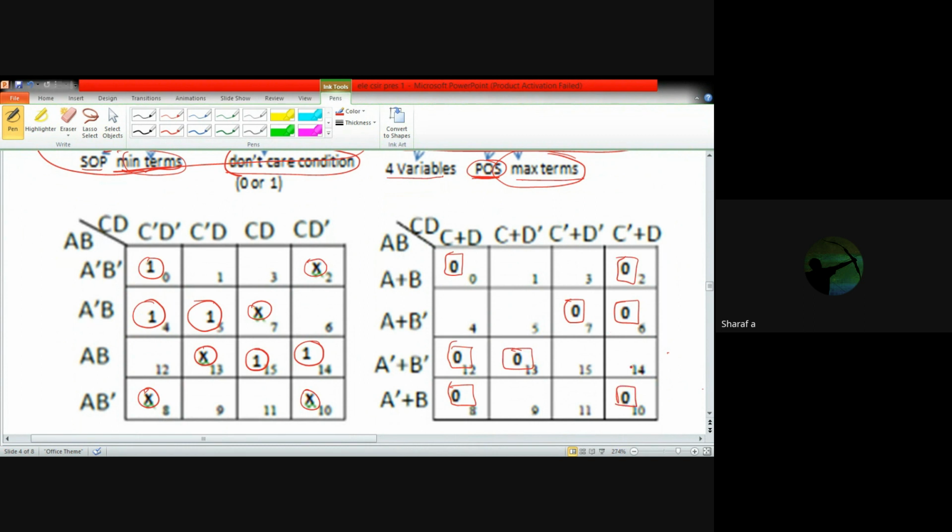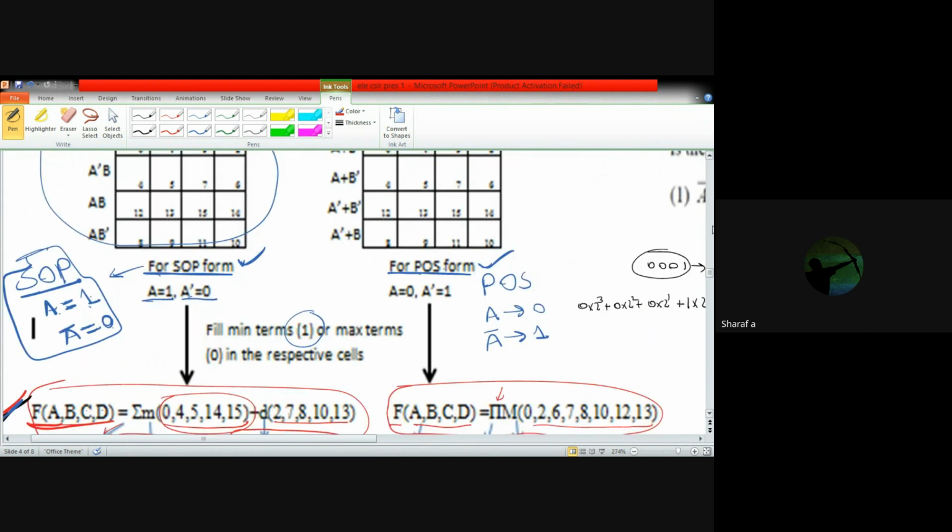Okay. Now we have discussed in sum of product form how you fill the min terms, that is 1, and in the product of sum form how you fill zeros for the max terms. Now we will be discussing the grouping in K-map. Don't confuse these things.